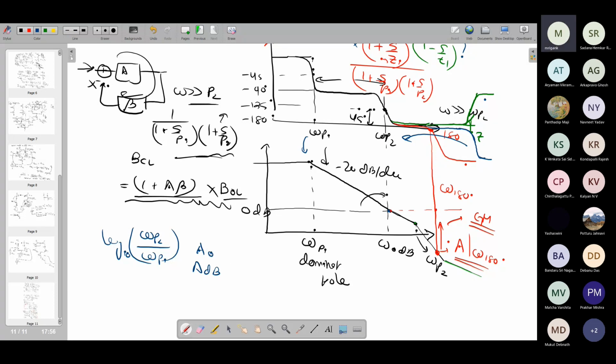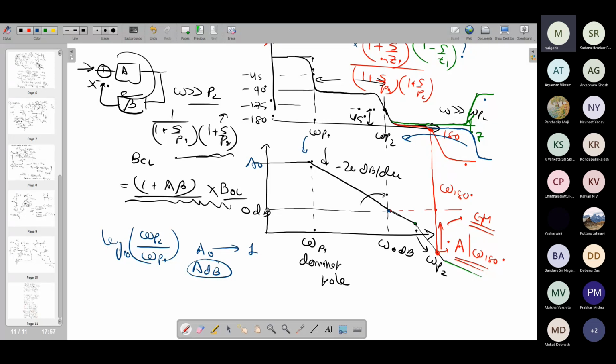That means it should become 1. From A naught at low frequency, it should hit 1 before you go to omega p2. So if I take this in dB, whatever A dB you have, depending on the number of decades, this thing is giving you the number of decades.